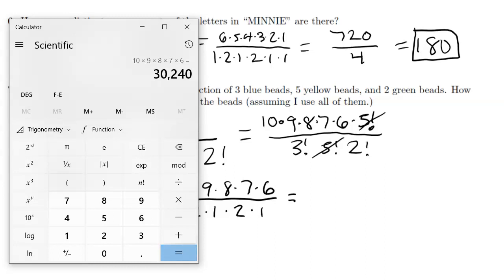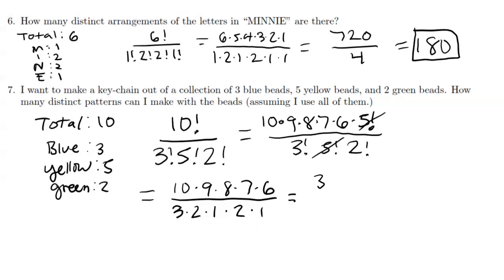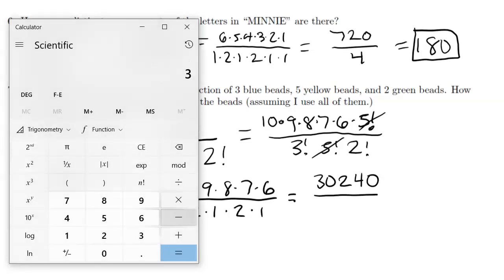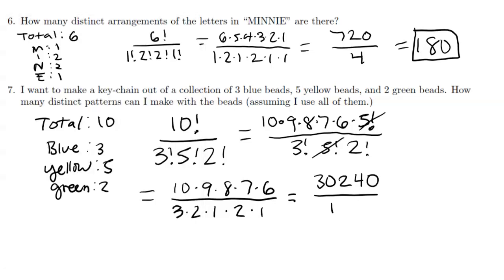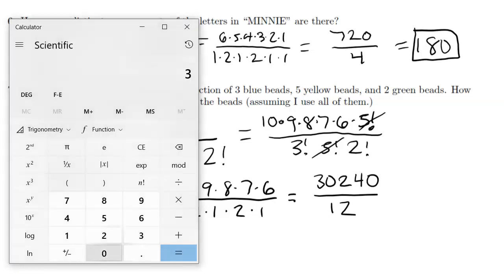Okay, 30,240. And in the bottom, we're going to have 3 times 2 times 1 times 2 times 1, which is 12. So then we have to do the division. 30,240 divided by 12 is 2,520.